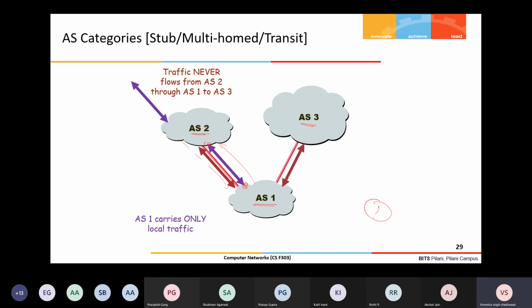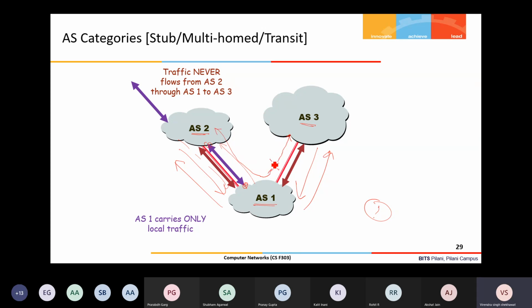Now in this case, if I have two connectivity, I can receive the traffic from AS2 and forward it there, receive the traffic from AS3 and forward it to AS3, but not the traffic from AS2 for some destination that is reachable via AS3. That traffic I do not forward to AS3.